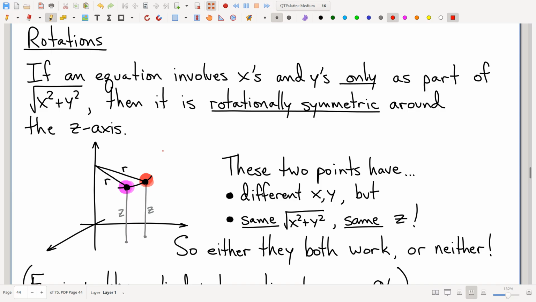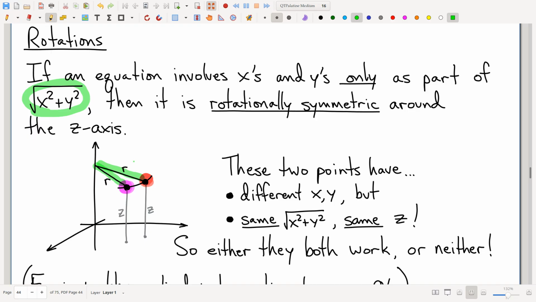Here's the thing, though. If your equation has x and y only in this form, notice that is literally the distance to the z-axis, otherwise known as r, in cylindrical coordinates. And these 2 points, they have different x's and they have different y's, but they have the same r because I produced the one from the other literally by rotating, which doesn't change the r.